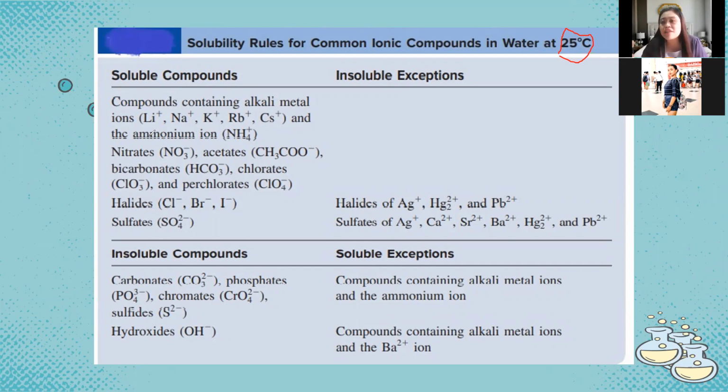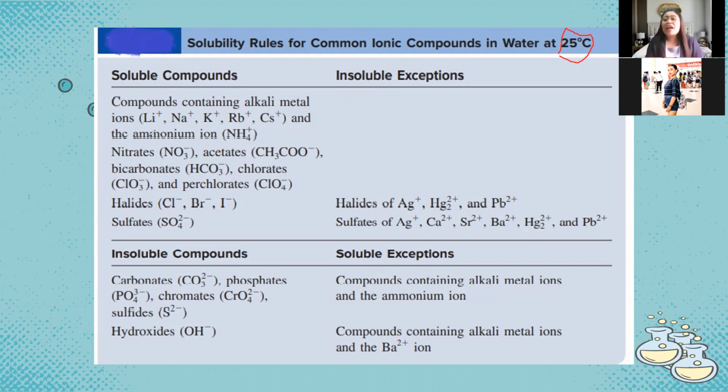So mga metals, excluding hydrogen. Let's start with lithium. Lithium pababa. Lithium, sodium, potassium, rubidium, cesium. And the polyatomic ion called ammonium, they are all soluble sa tubig. Again, soluble sila sa tubig.